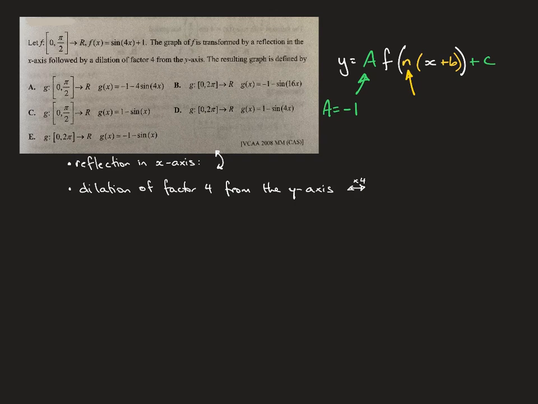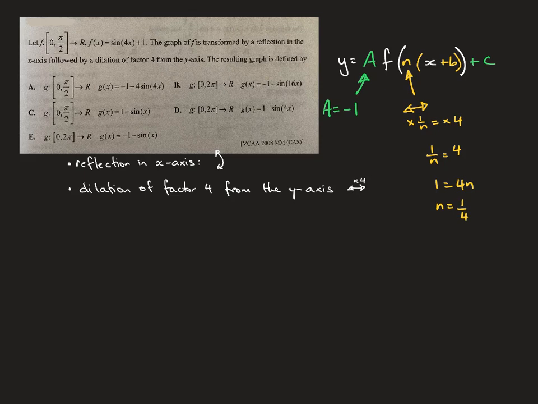And so our dilation is horizontal, times by a factor of 1 on n. And we know that our dilation factor is 4. So 1 on n is the same as times 4. So 1 on n is equal to 4. So 1 is equal to 4n. Our n value is equal to 1/4.